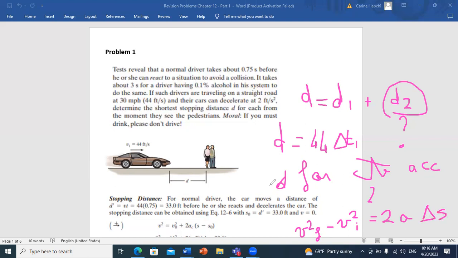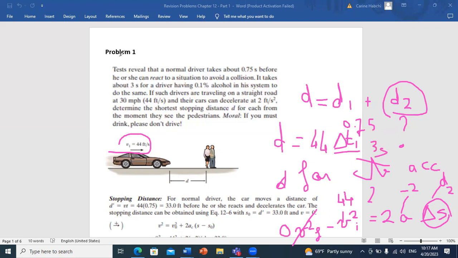Now since in phase 1 it was constant velocity, the velocity is 44, so here we replace v initial by 44. Since we want to stop at the end of phase 2, v final is 0 and we have that a is -2, so we can calculate delta s, which is d2 in phase 2, and d2 will be the same for both drivers. So the only difference is in d1, because delta t1 for the first will be 0.75 while delta t1 for the second will be 3 seconds.